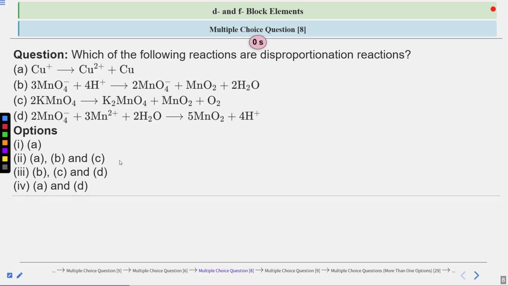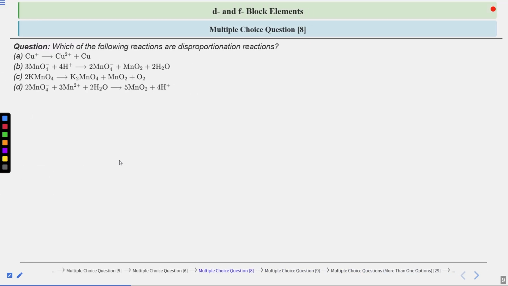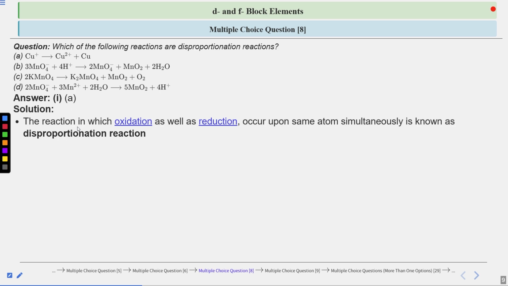Okay, let's see. For this given question, the correct answer is option A, the A reaction.